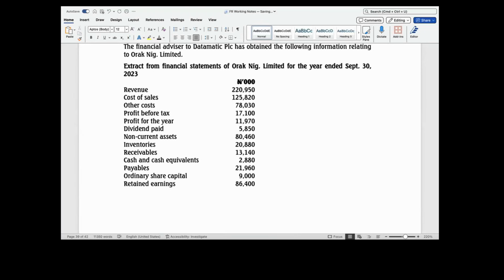So, what is my payables? I was given my payables as 21,960, and my cost of sales 125,820.